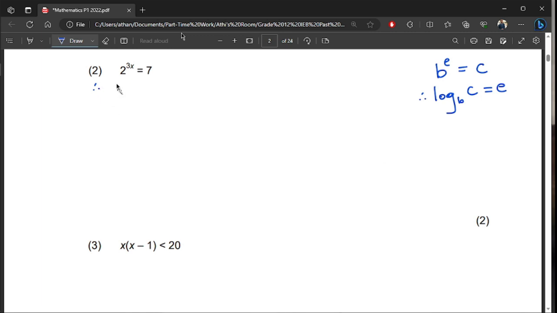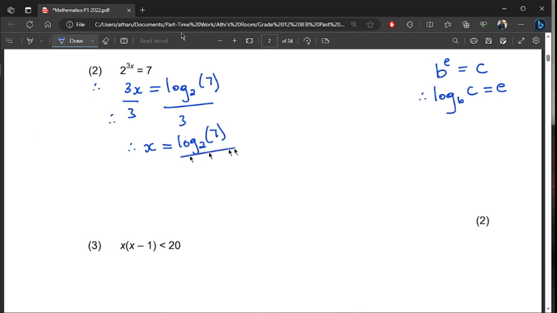So we're going to apply log. Since 3x is the exponent, it is going to stand alone on the other side. Then I apply log with the base of the exponent, which is 2, and the constant, the number standing alone, which is 7. Therefore, to find x, we divide both sides by 3 so that x is log base 2 of 7 divided by 3.